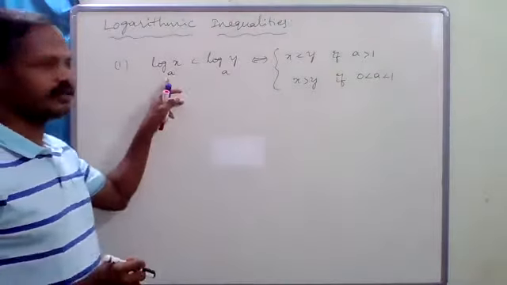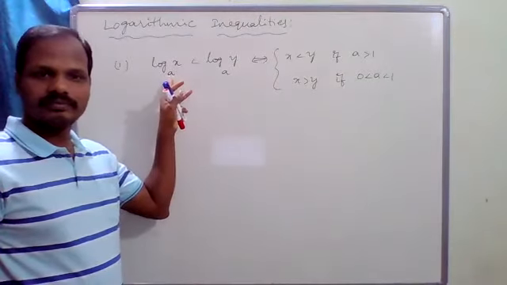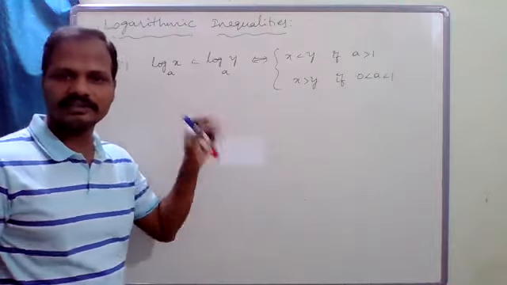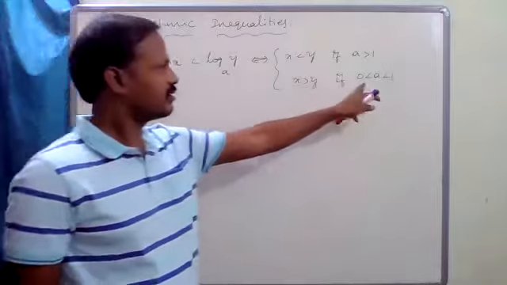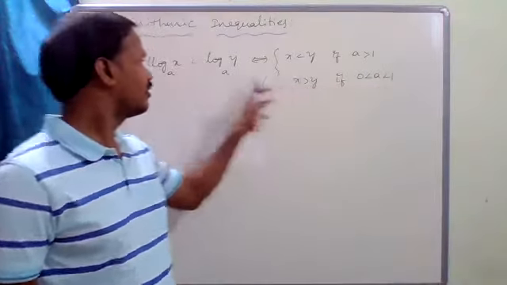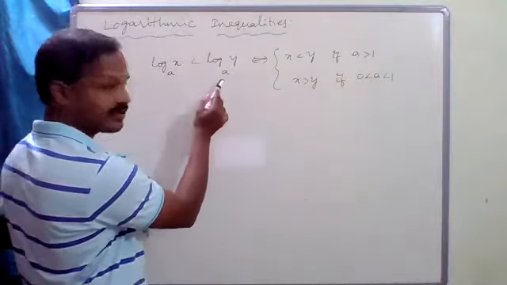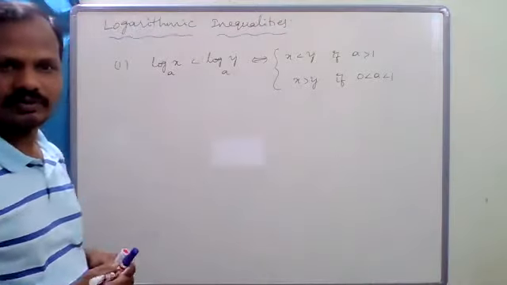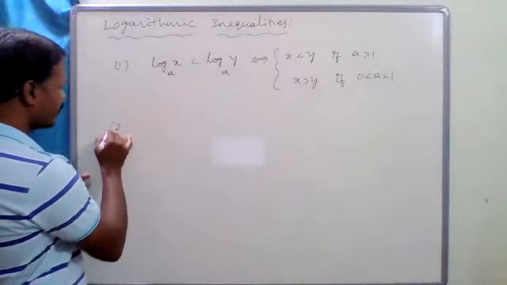Of course, a should not be 0, because the domain of the log function is only positive real numbers. See, the sign will be changed, x greater than y. If a is greater than 1, then x less than y. Okay? Fine. This is one property.